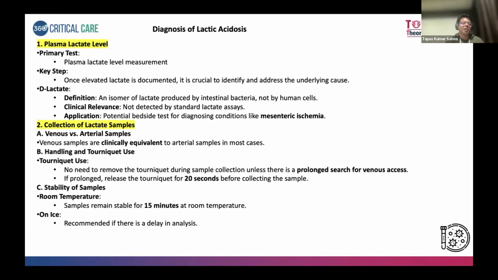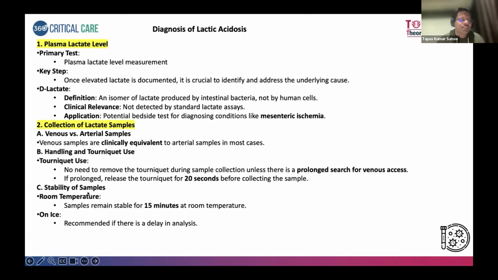That is more important. Now, handling and tourniquet use. Do you really need to remove the tourniquet during sample collection for getting a good lactate level in your blood? No. But if you are trying to get the sample but you are not able to find a good vein and you are using the tourniquet for a long time, maybe you have to release the tourniquet for 20 seconds before collecting the sample.